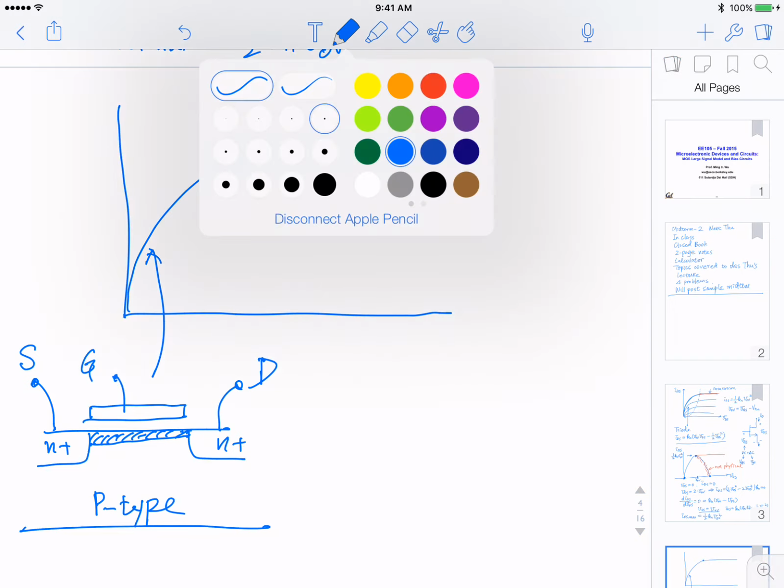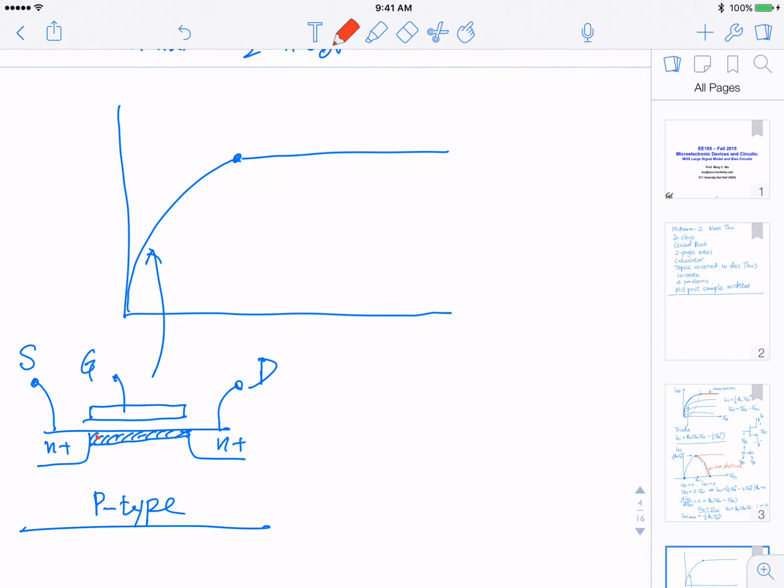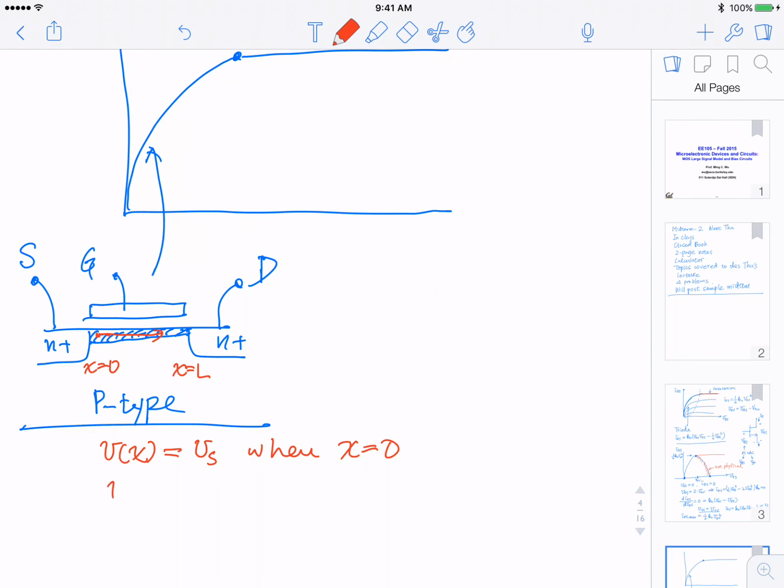If you think about the potential along this channel, here is x equal to 0, here is x equal to L, and this channel potential V of x should be equal to Vs when x equals 0, and V of x should be equal to Vd when x equals the channel length.